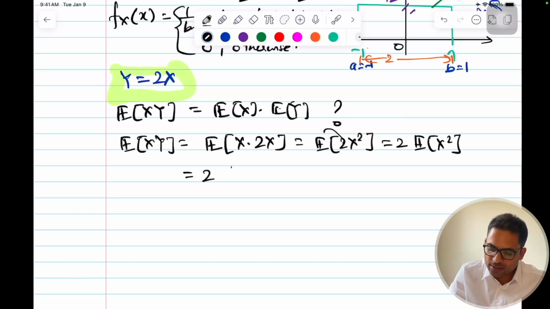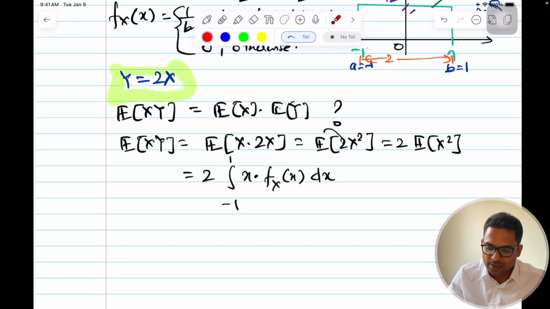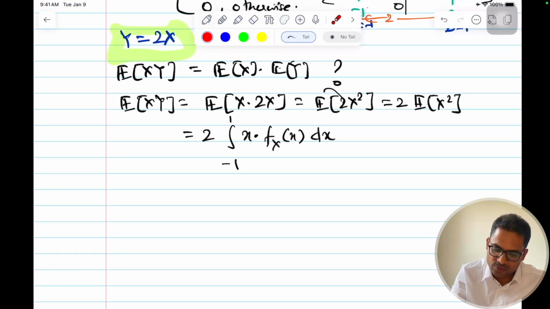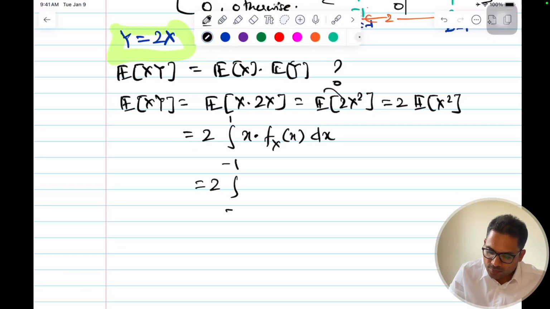It will be 2 times the expectation of x square, integrated from minus 1 to 1, and I'll put it into fx, that is x into fx of x for PDFs. This is the PDF fx of x. So what is the PDF? We have seen this, it is 1 by b minus a, that is half. So this is equal to 2 times the integral from minus 1 to 1, that's the range, of x square into half dx.